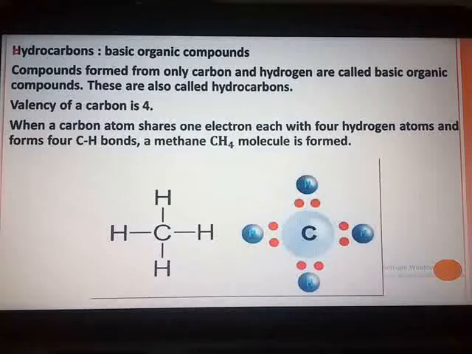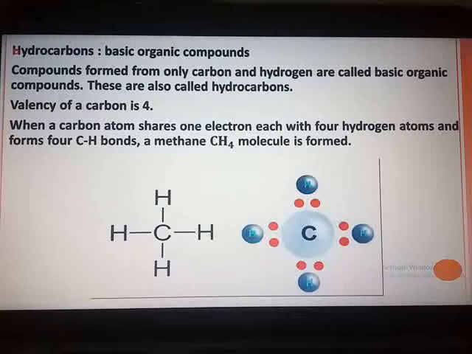So either it has to donate this 4 to become stable with 2 electrons, that is the state of helium, or it has to accept 4 electrons and become stable with a state of 2, 8, which is the electronic configuration of neon. But instead, carbon neither donates nor accepts electrons. It shares its electron with other atoms of carbon or any other element.